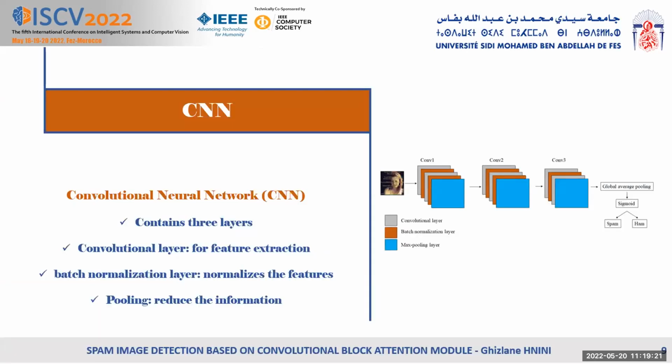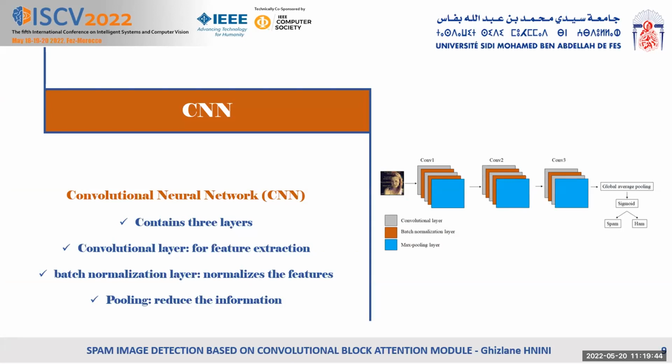So the CNN, or convolutional neural networks, contains three main layers: convolution, batch normalization, and the pooling layer. For the convolution layer, the features are extracted by performing a two-dimensional convolution of the input graph and the convolution kernel.